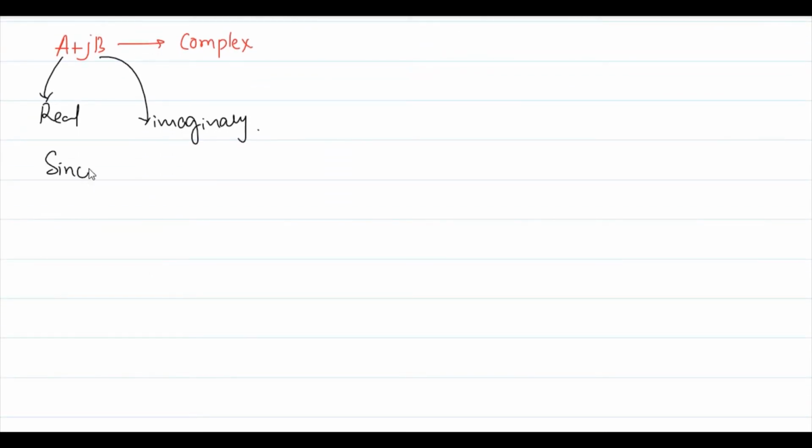Since we know that j is equal to the square root of minus 1, similarly, if you take j into j, then that becomes square root of minus 1 into square root of minus 1. It becomes minus 1 only. Therefore, j square is equal to minus 1.